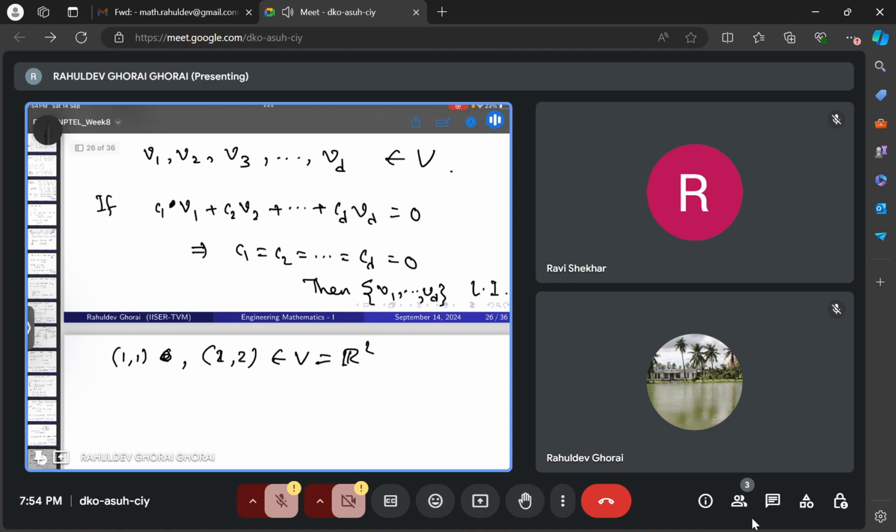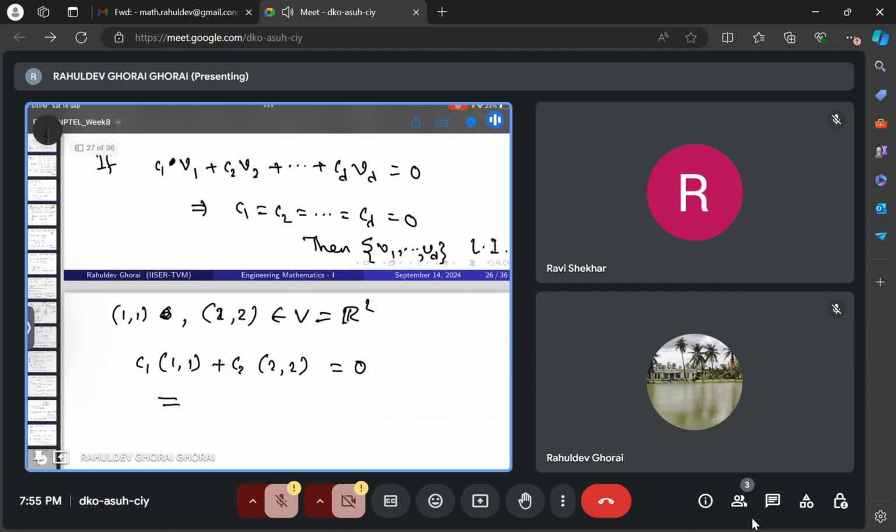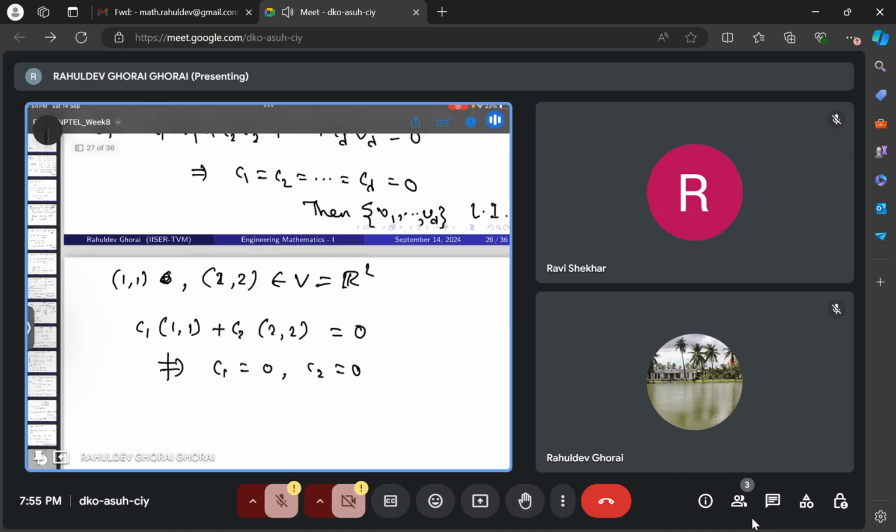So what we can see is that C1 times (1,1) plus C2 times (2,2) equal to 0 does not imply C1 equal to 0 and C2 equal to 0, right? Because minus 2 times (1,1) plus 1 times (2,2) will be equal to 0.